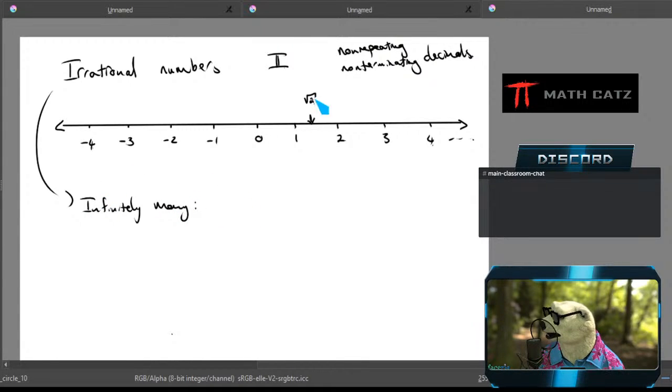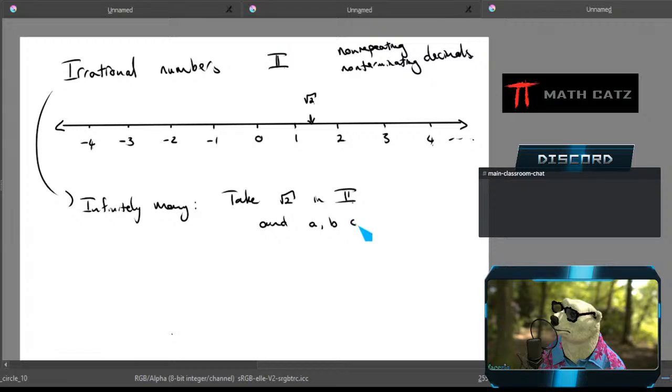So if I take square root of 2, for example, and of course I can take any one of them, and take some rational numbers. Oh, sorry, I keep drawing the element symbol, which you don't know. Take some rational numbers. Then if I do a calculation by multiplying and adding, then that is also an irrational number.